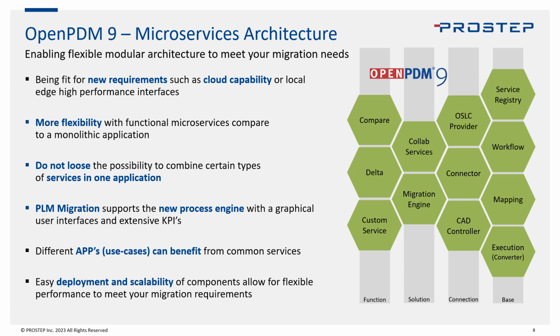We've got different services for doing delta comparison, for mapping, for batch process translation, and a registry service so that you know where all the different components are, and all the different connectors, and be able to say, oh, I've got X amount of connectors, well, I can go through and see which one's free and then process more data through that one.